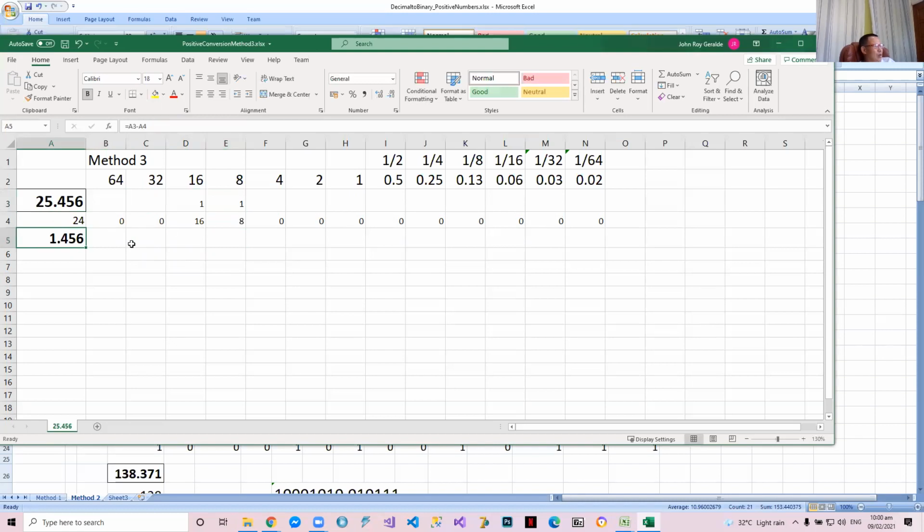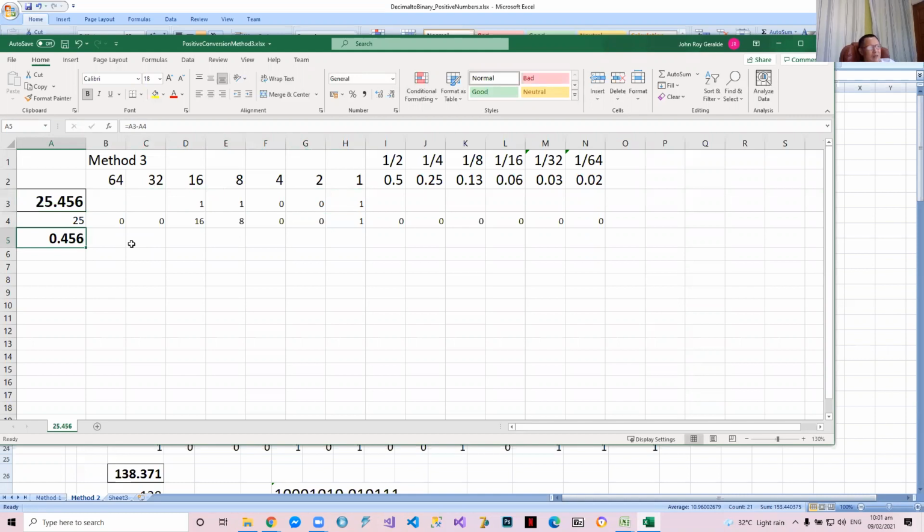So the result is 1.456, which means that we cannot pick 4, so we mark this as 0. We cannot pick 2 because it's bigger. We mark this as 0. We can pick 1, right? We can pick 1 because we have 1.456. We pick 1. So we have 0.456 left.